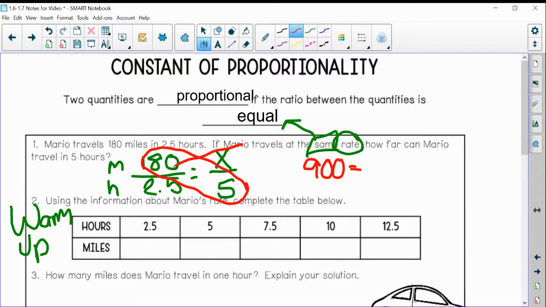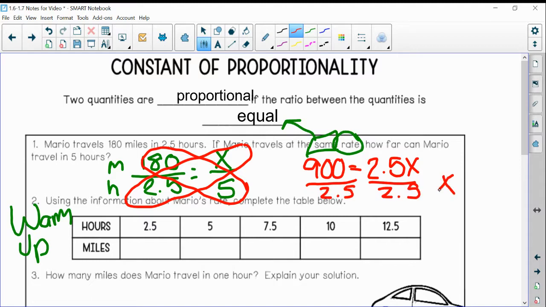And we're going to set that equal to our other diagonal. So 2.5 times x is just 2.5x. To solve for x, we divide both sides by 2.5. And so x, our unknown, tells us that he can travel 360 miles in 5 hours.